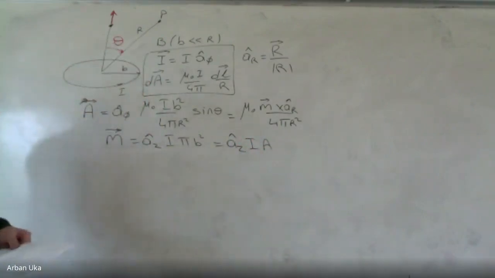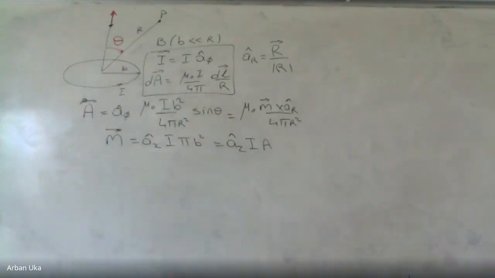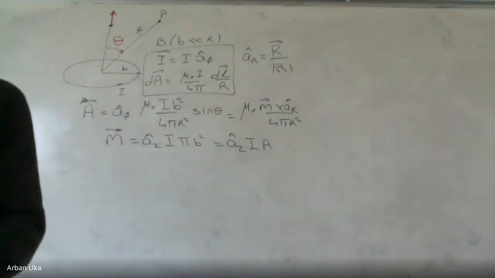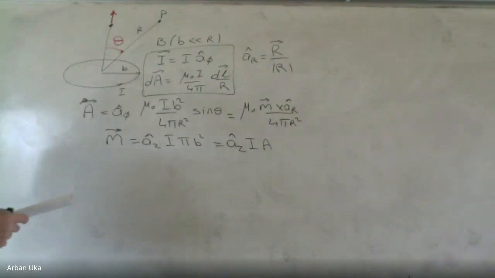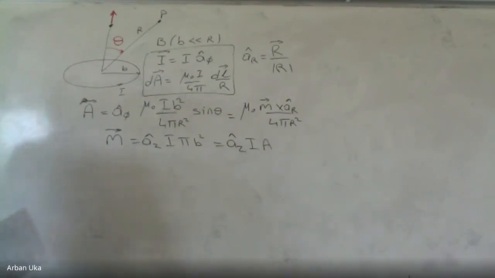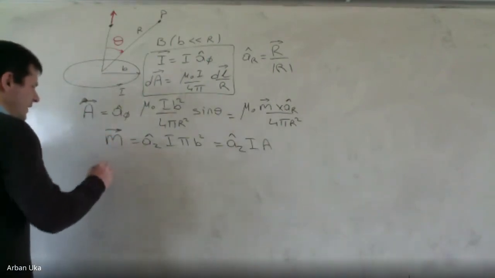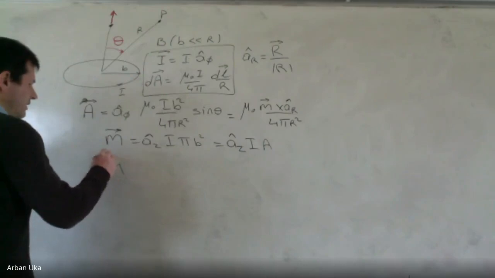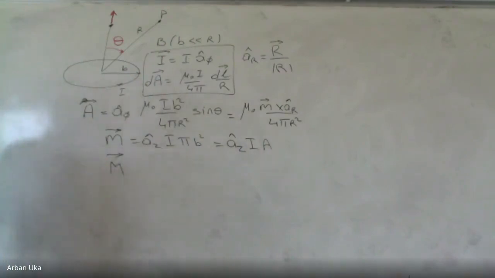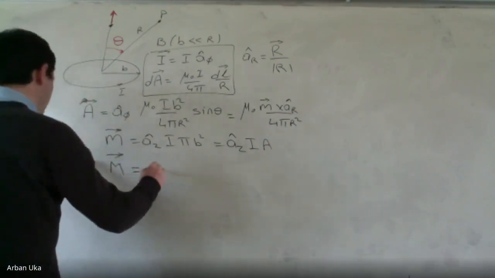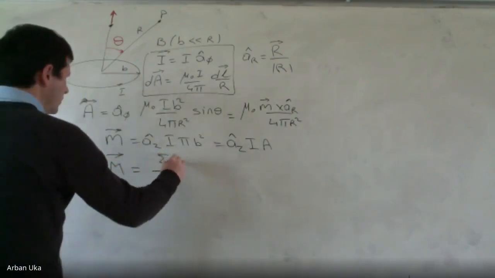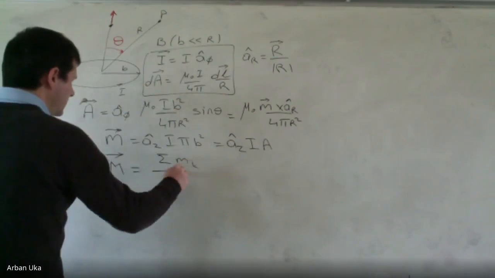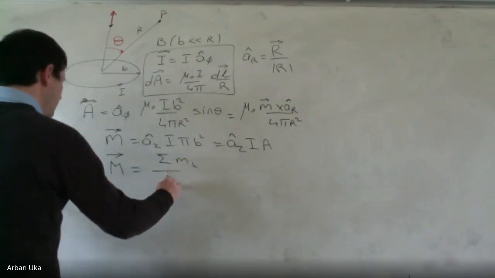Okay. Once we have this definition of the magnetic moment, we move on and define a new quantity, which is called the magnetization. Magnetization is defined as the volume density of magnetic dipole moments. So this is a little m, and here we can define the next important vector, the capital M, which is defined as the summation over all of the dipole moments m k per unit volume.